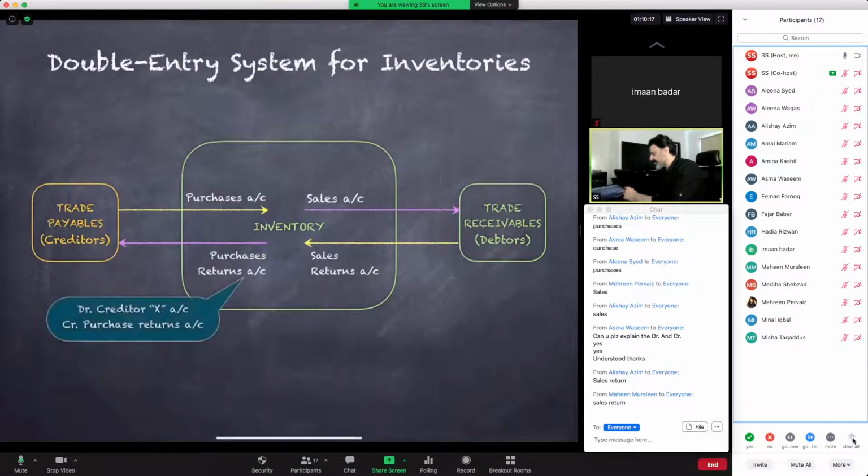So you will credit the purchases returns account here, and you will debit the creditor X's account here, right? Why are we crediting the purchases returns? Because you can see we are losing our inventory. So inventory is being lost. So you can credit the purchases returns account for that. And we debit the creditor X's account because our liability towards creditor X is also decreasing, right?